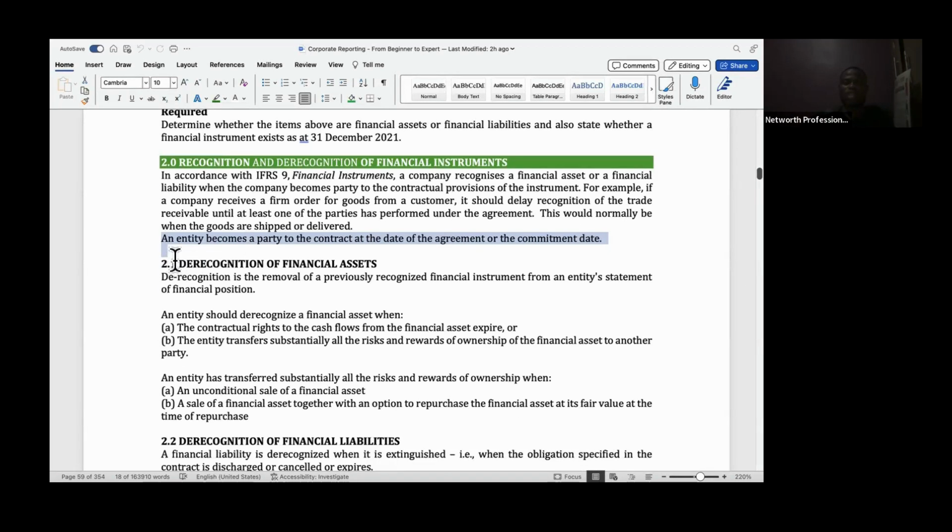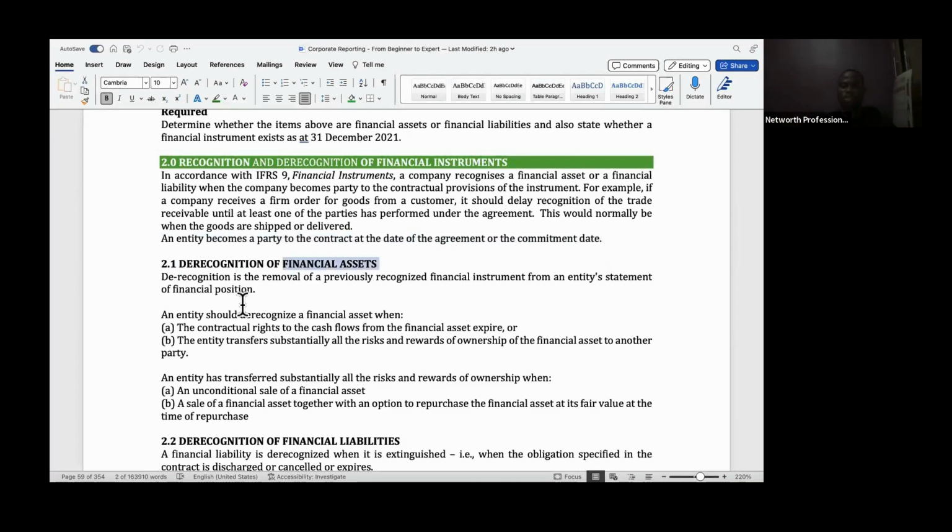We also said financial assets should be derecognized. That's financial assets now. The earlier recognition was looking at everything together, recognition of financial instruments, but the derecognition now looks at each element one by one, starting with financial assets.